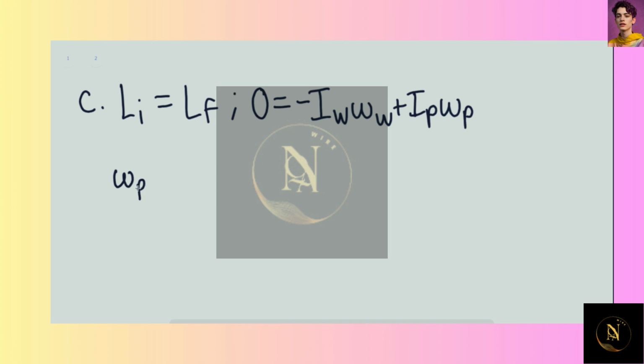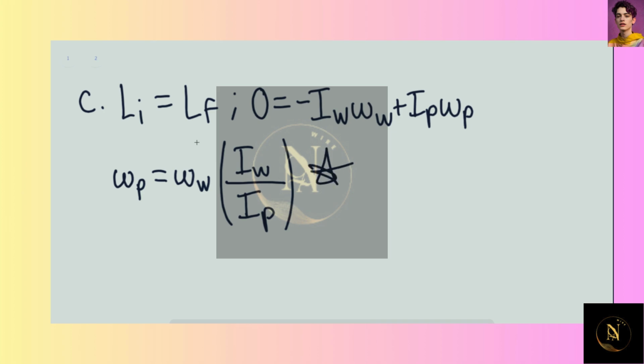The angular velocity of the platform equals the angular velocity of the wheel multiplied by the moment of inertia of the wheel divided by the moment of inertia of the platform. As you can see, the wheel and the platform will be rotating in the same direction. This is our answer for part C.